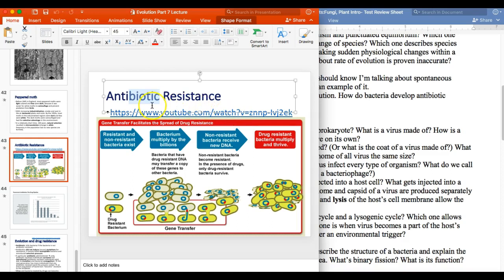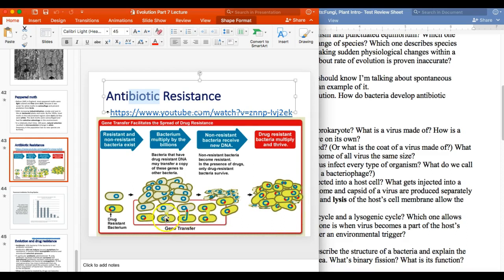And the result is some bacteria can go through evolution and develop, just by chance, the ability to be antibiotic resistant, meaning that they cannot be killed when you use antibiotic. So that's antibiotic resistance. The result is if you were to use antibiotic, you kill all of the bacteria that are not antibiotic resistant, so they're all dead. And then the ones that are antibiotic resistant are going to live and reproduce.